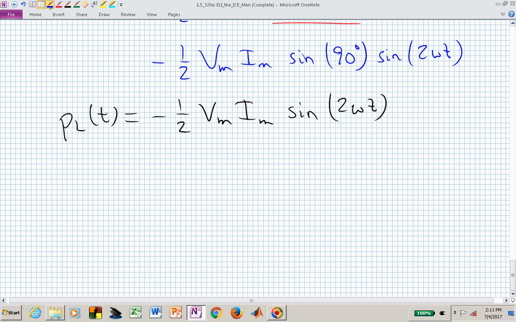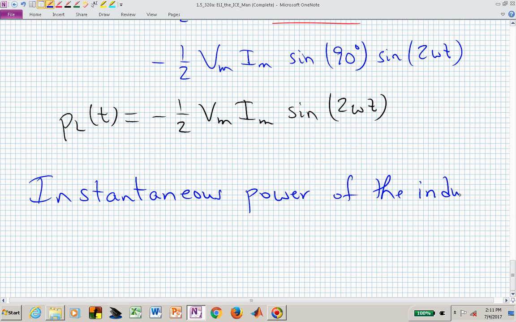We can now make a more knowledgeable assessment of what's going on. The instantaneous power of the inductor, what's happening to its variation? We started with a voltage at a frequency omega and a current with a frequency of omega. Now the power has a frequency of 2 omega.